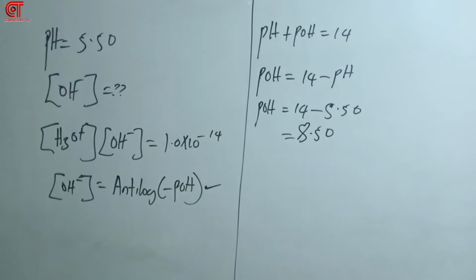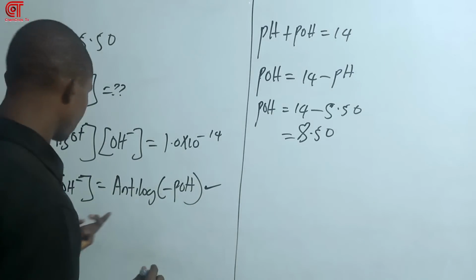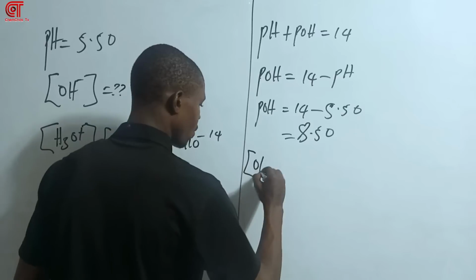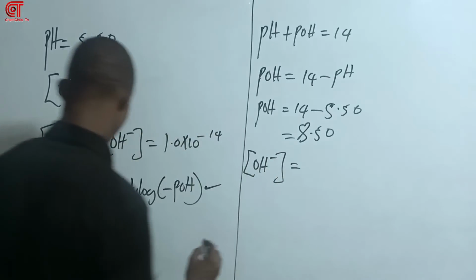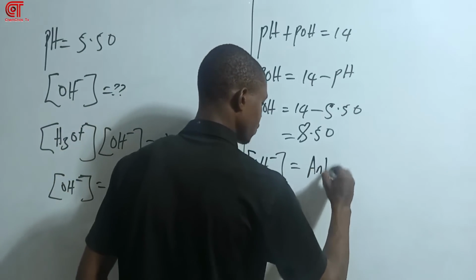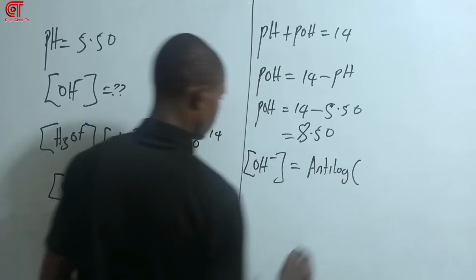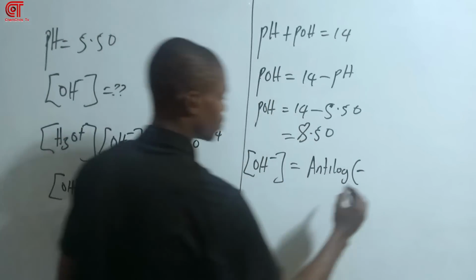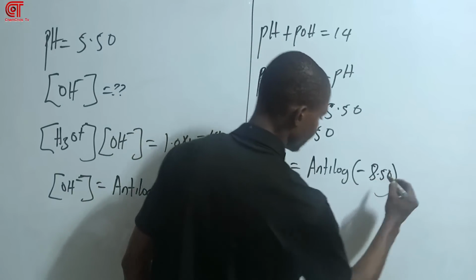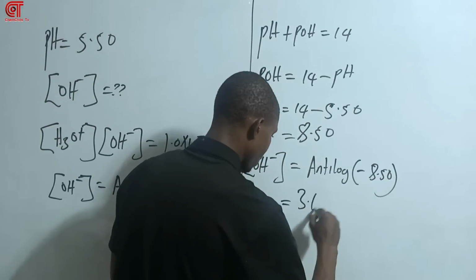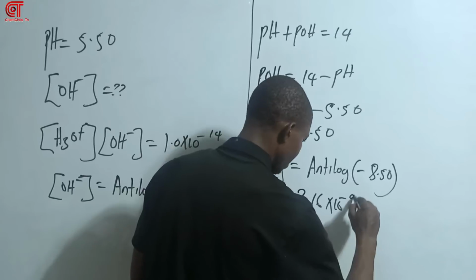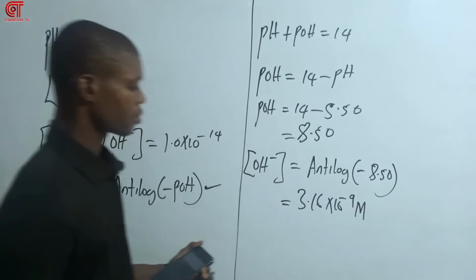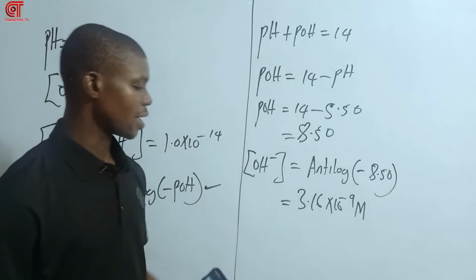So I can easily solve this one here. OH minus equals antilog of minus pOH, which is minus 8.50. So it will give 3.16 exponential minus 9 molarity. So that is the answer here.